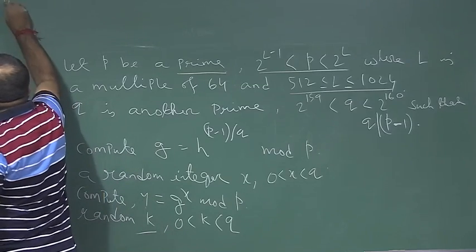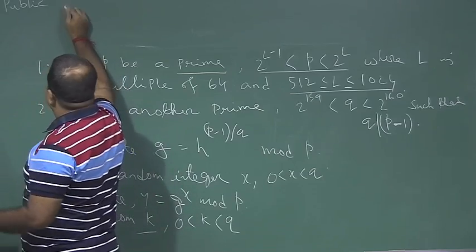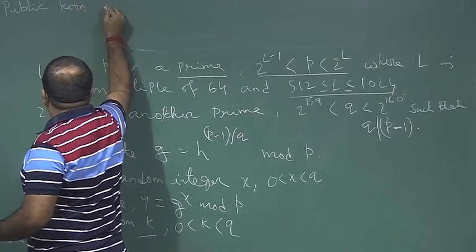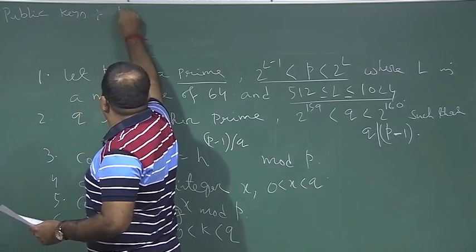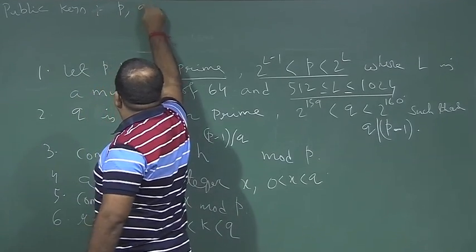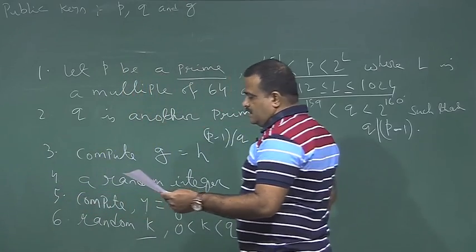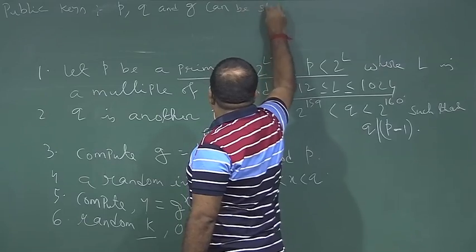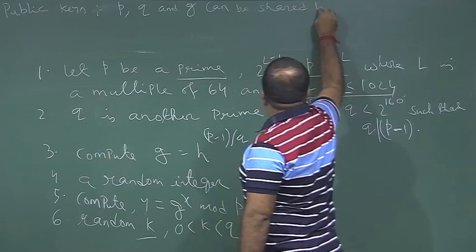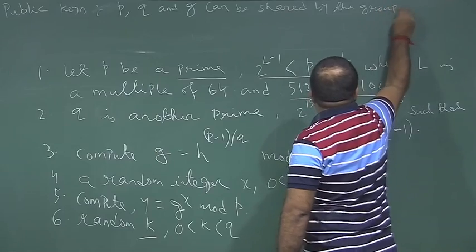So, the public keys are basically p, q and g. So, these keys can be shared by the group of users.